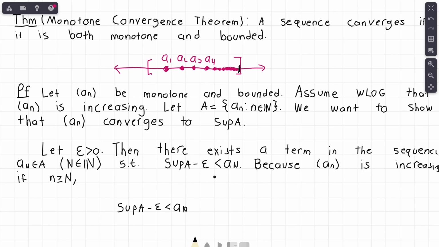That's just what we had here, and that's what our lemma from the previous chapter said. Well, because a_n is increasing, each successive term must be larger than or equal to the previous term. And we know that the supremum of A is an upper bound on this set A, so a_n must be less than or equal to the supremum of A.